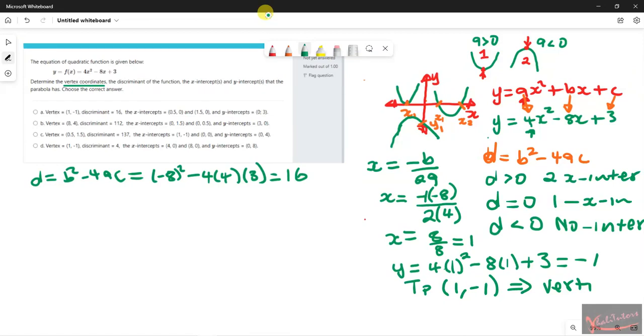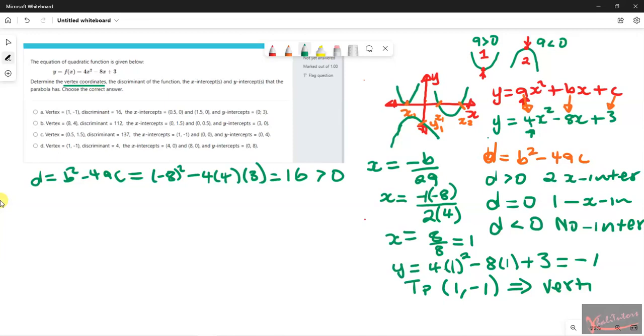Now we need to determine the x-intercepts. Because we know that the value of the discriminant is 16, and 16 is greater than 0, we know that this function has 2 x-intercepts. This is what we discussed here. If the value of d is greater than 0, the parabola has 2 what? Intercepts.